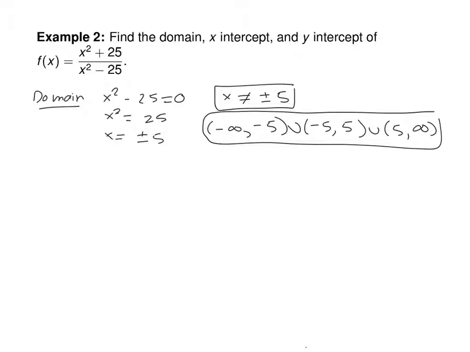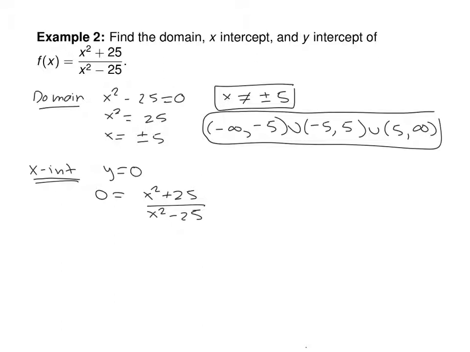Okay. How about the x-intercept? Okay, so you set y to 0, right? And y and f of x are the same thing, right? So that's 0 equals x squared plus 25 over x squared minus 25, yes?